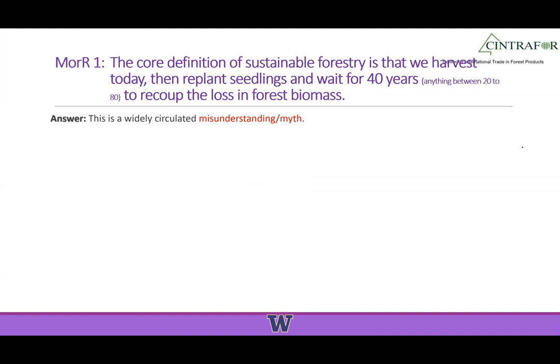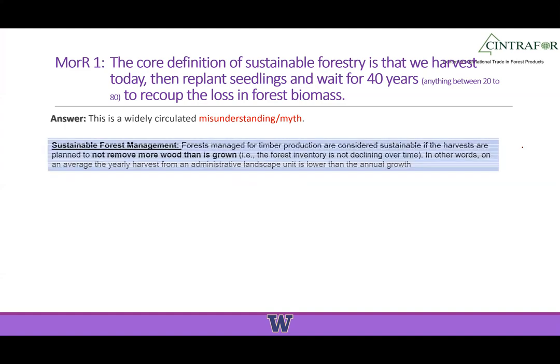If you see the way the certification bodies think about sustainable forest management, and that's the same way I think we should think about sustainable management, is that we are harvesting less than what's growing in that particular landscape in any particular year. So it's not that we harvest today and wait for 40 years.